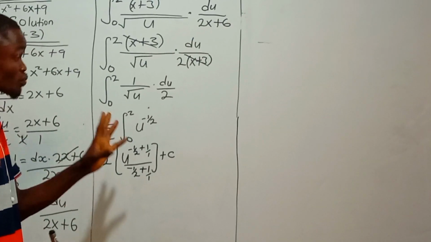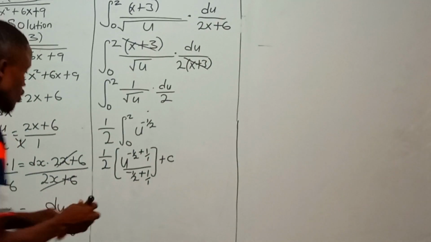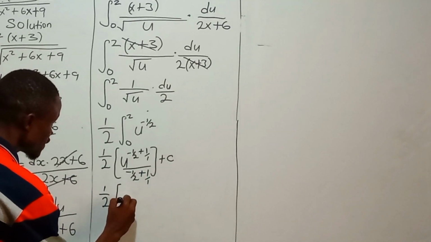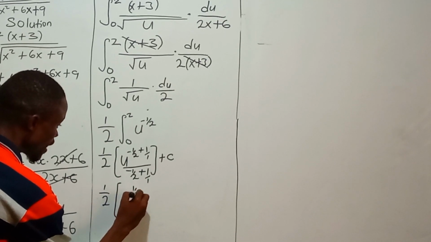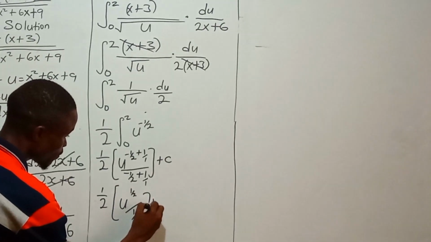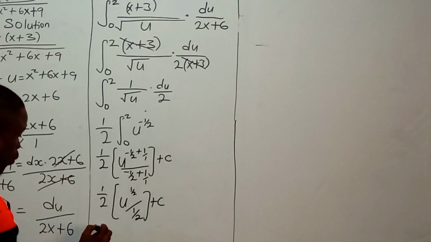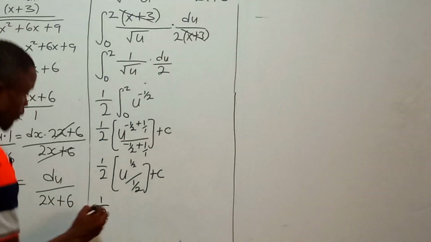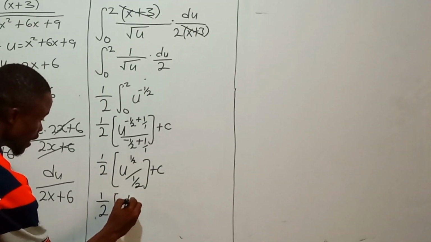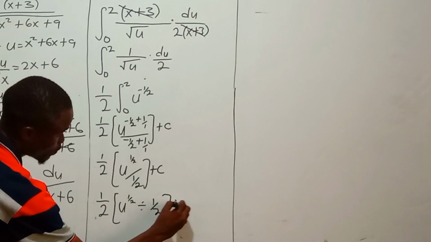Just pause the video and find the LCM. So half, u raised to the power half divided by half, plus c.